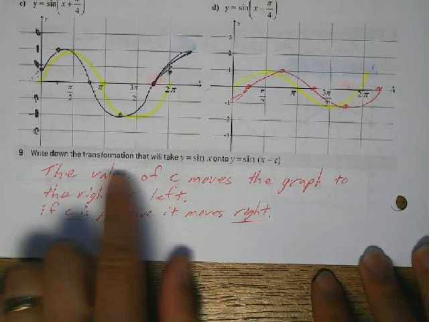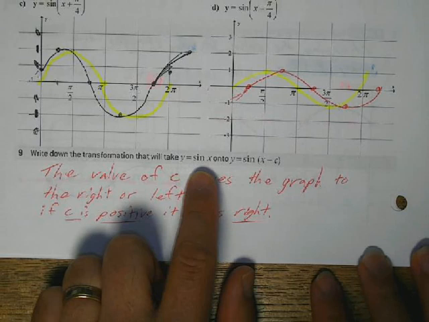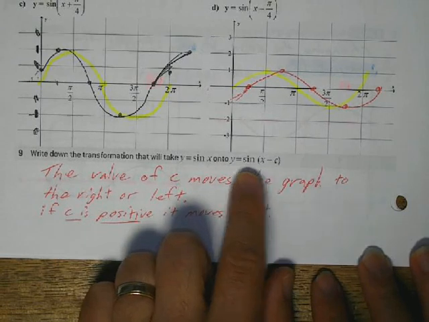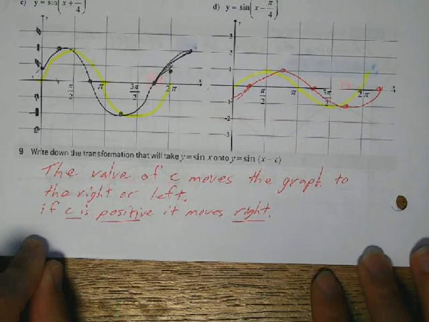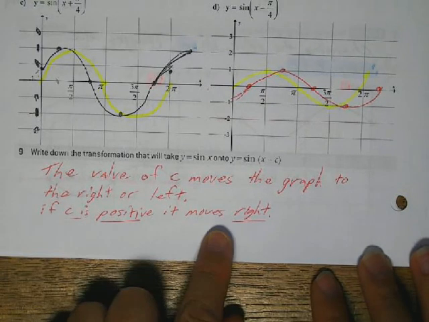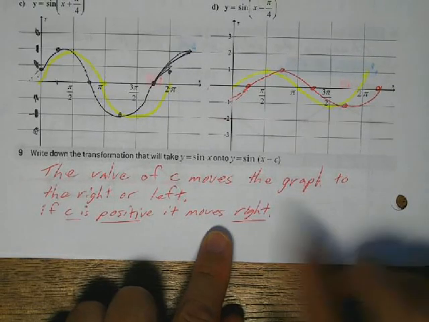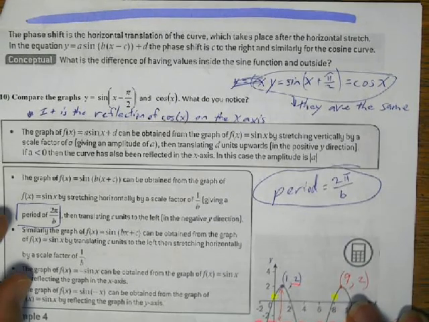So write down the transformation. If you take sine x and change it to sine of x minus c, basically the c is going to shift it left and right. When c is positive, it moves to the right. Now when I say positive, it's x minus the positive value here.